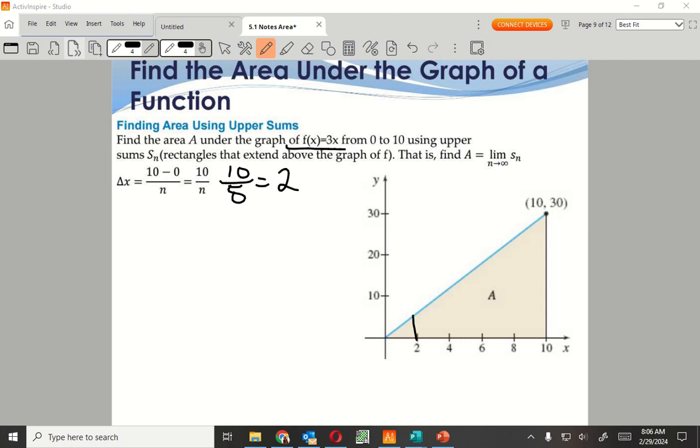So right here on my graph, I'm going to go up to 2 here. Boop, boop, boop, boop. All those there are now my rectangles. And I said upper sums, which means I need to box them off from the upper side of each rectangle. On 0 to 2, is that the right side or the left side?